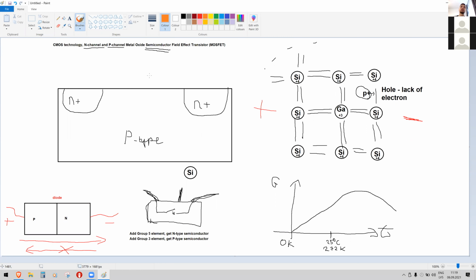So now, if we put here some copper, and also here some copper, which conducts electricity, some copper wires, and we put plus here and minus here, does it conduct electricity?